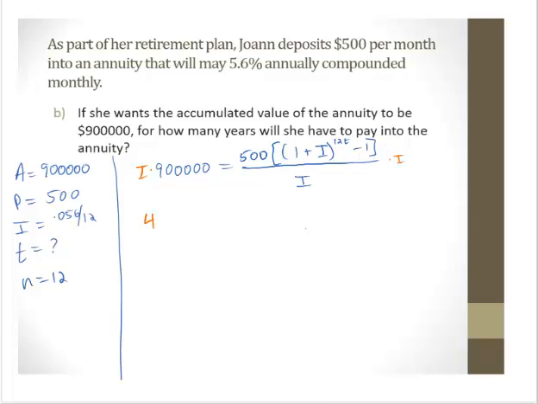So 4,200 is equal to 500 by 1 plus I to the 12t minus 1.